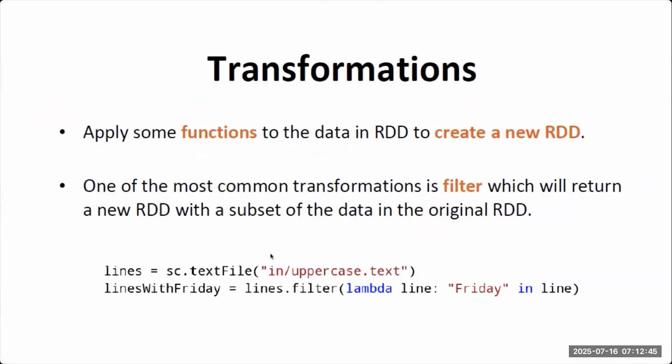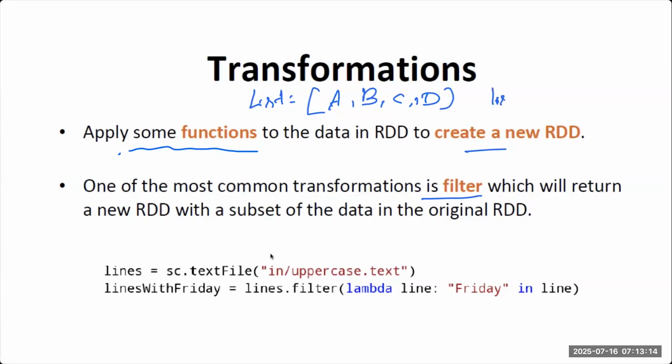As I told you, in a transformation you apply some function to an RDD to create a new RDD. One transformation can be like filter. Transformation means transforming the data. Let's suppose I have a list with letters A, B, C, D, and I want to transform it from capital to small. If I do lower, it will return me the lowercase output.